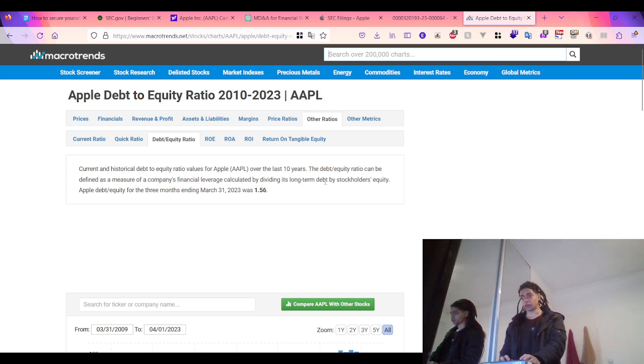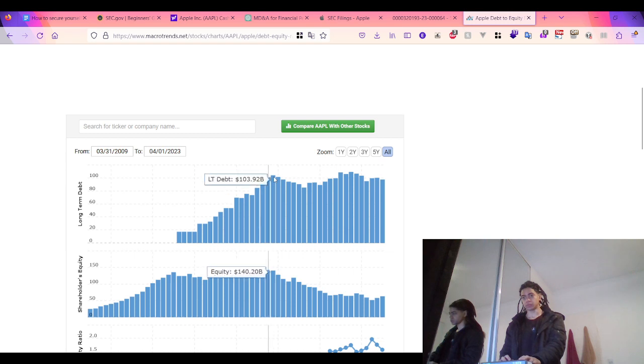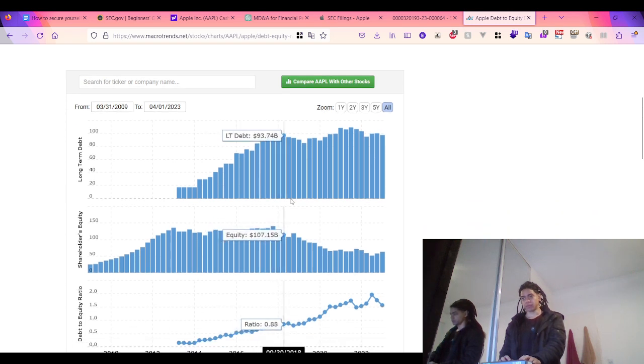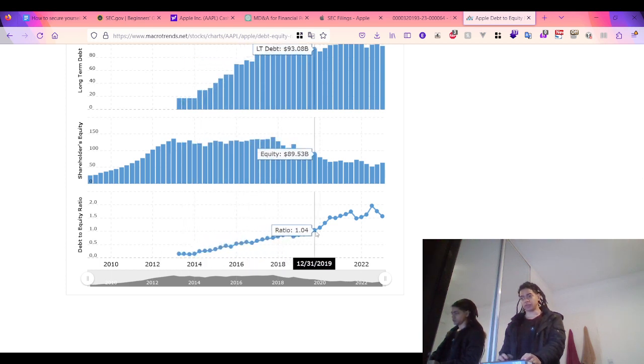It is long-term debt by stockholders' equity. Apple's debt to equity for the 3 months ending was 1.56. Exactly, the ratio is low, meaning that the company is profitable.